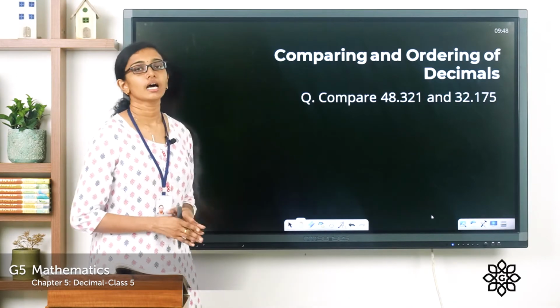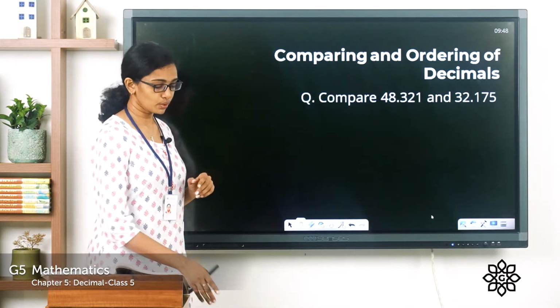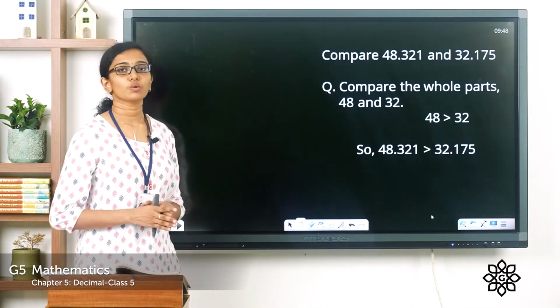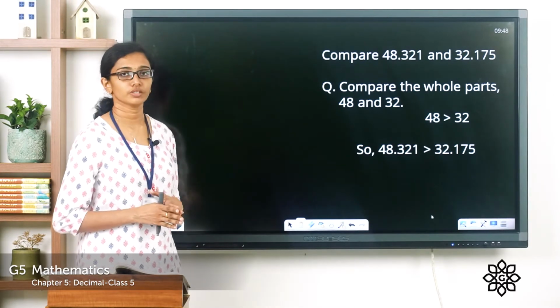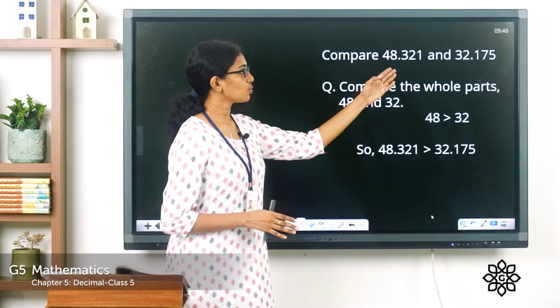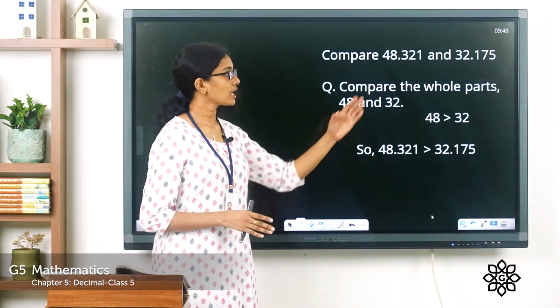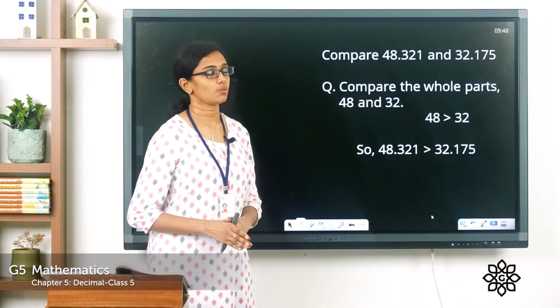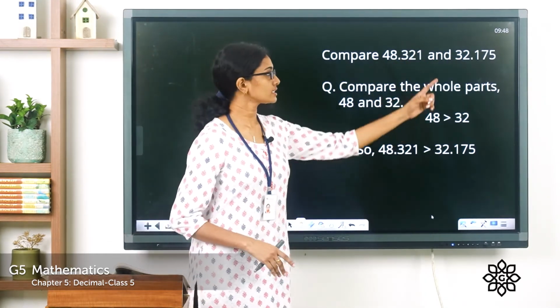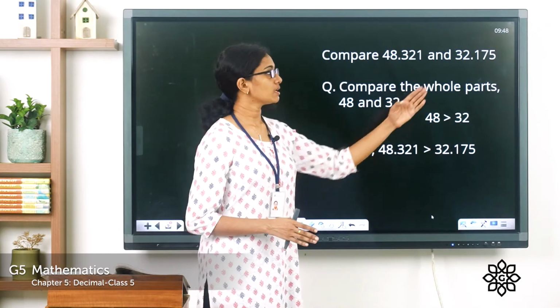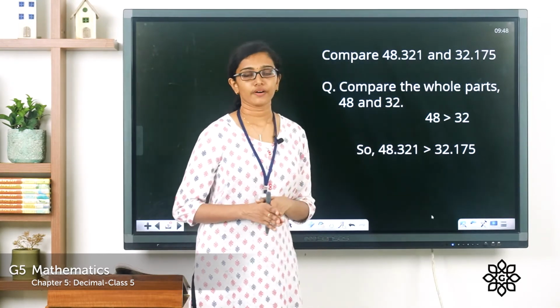So to compare like decimals, what do we do? We have to first compare the whole parts. And which are the whole parts in the given numbers? In 48.321, the whole part is 48 and the decimal part is 321. In 32.175, the whole part is 32 and the decimal part is 175.